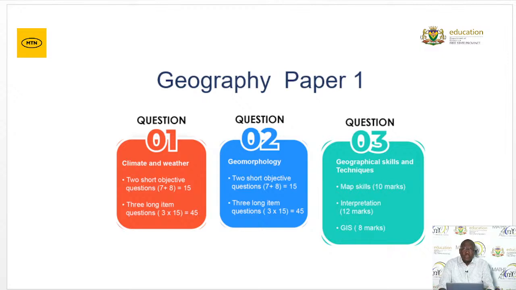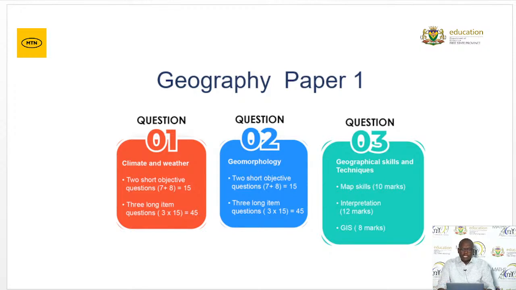For example, if you are talking about magnetic declination, the follow-up question might be, why must we update magnetic declination? Why must we calculate magnetic declination every year? That is a follow-up question on that particular calculation. Or in gradient, a question might be, is the answer that you got from that gradient steep or gentle? And you must be able to provide a reason from inside the map why you say steep, so that the explanation becomes clear.